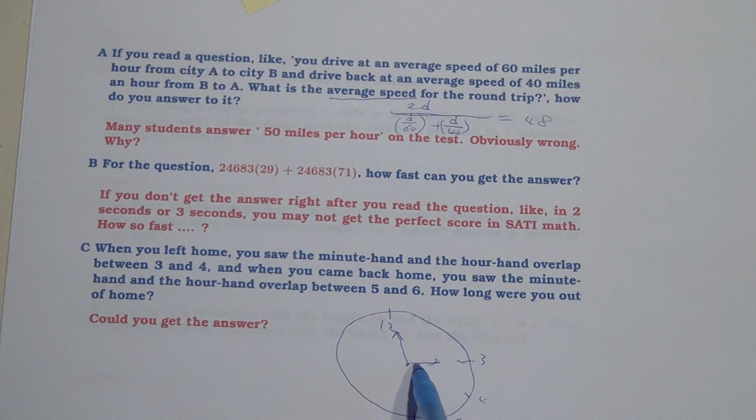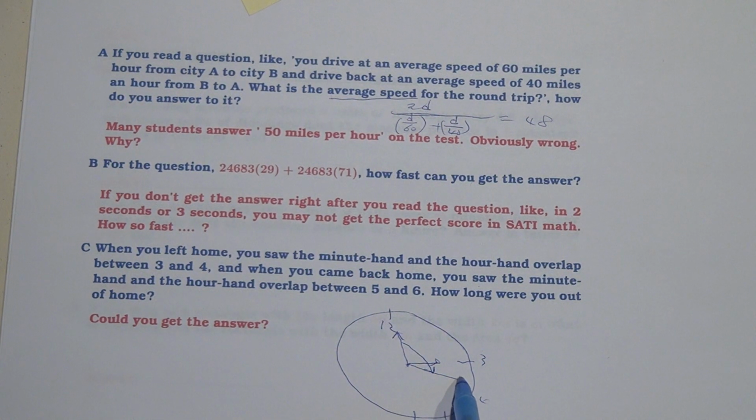And then they move. The minute hand moves somewhere here, and the hour hand moves here. Then they make a straight line. Then how do you handle that?